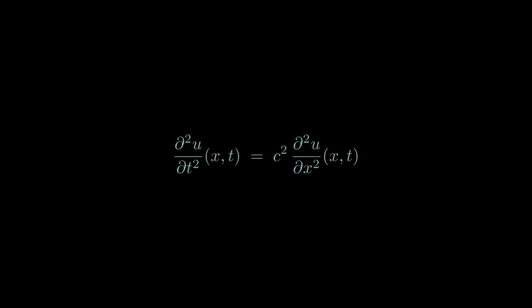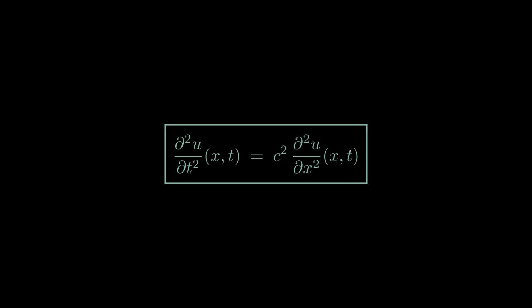And if we move that c squared to the other side, so we can keep the time part on its own, we're going to have here our one-dimensional wave equation, where one dimension is just x and the other dimension is time. So this is a PDE.